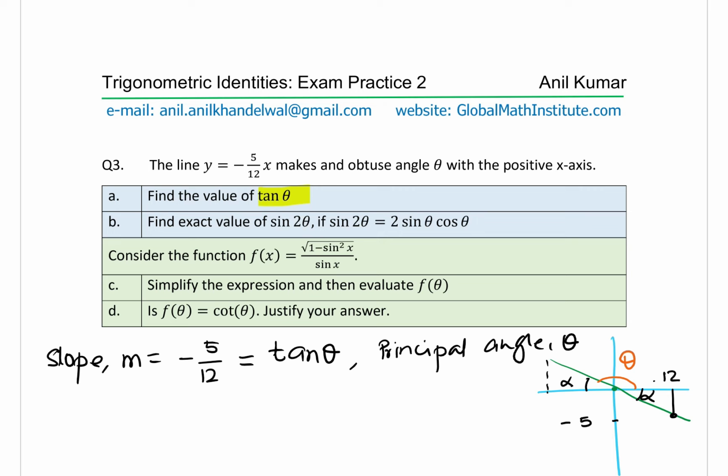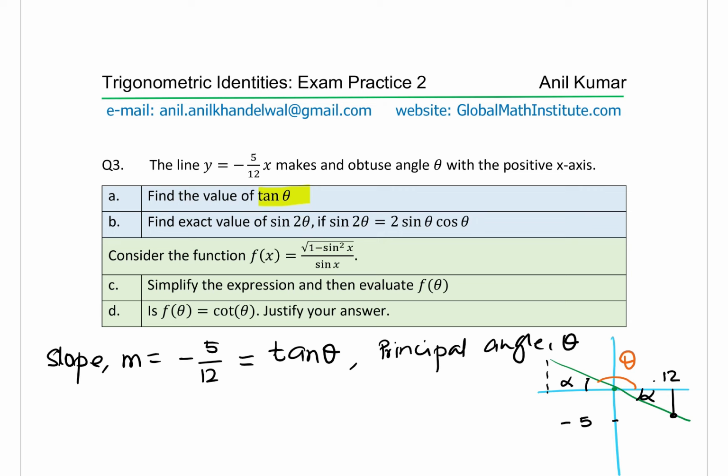The related acute angle is alpha, of course, which gives you the slope minus 5 over 12. But the question specifies that the obtuse angle is theta. And in this case, you can clearly see that with the positive x-axis, the obtuse angle is actually the principal angle theta, right?